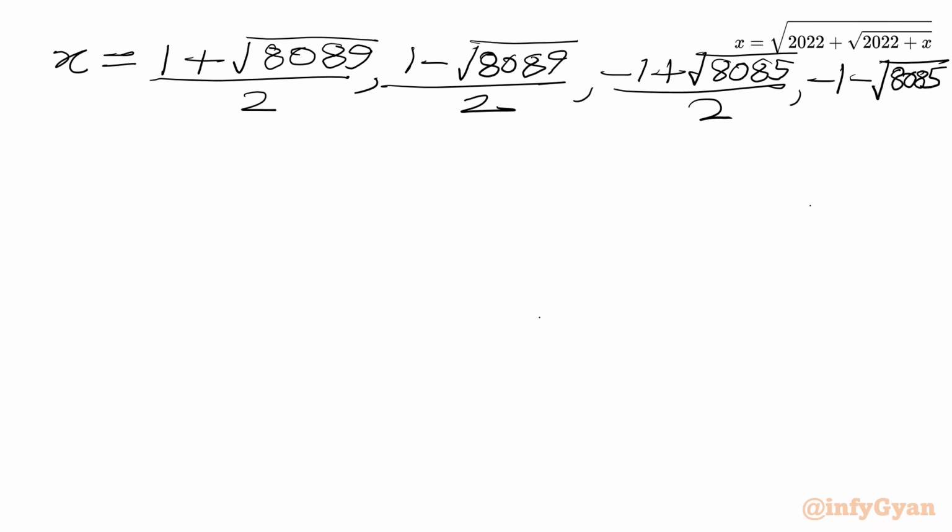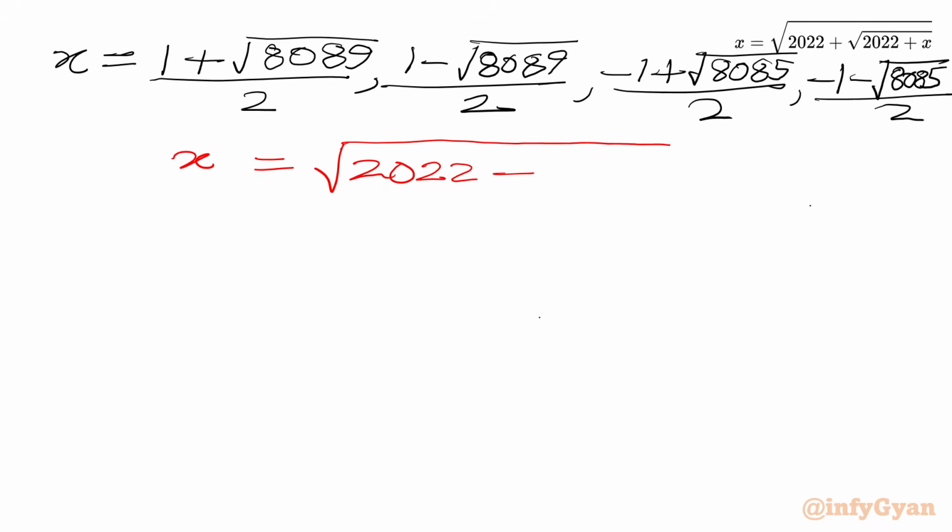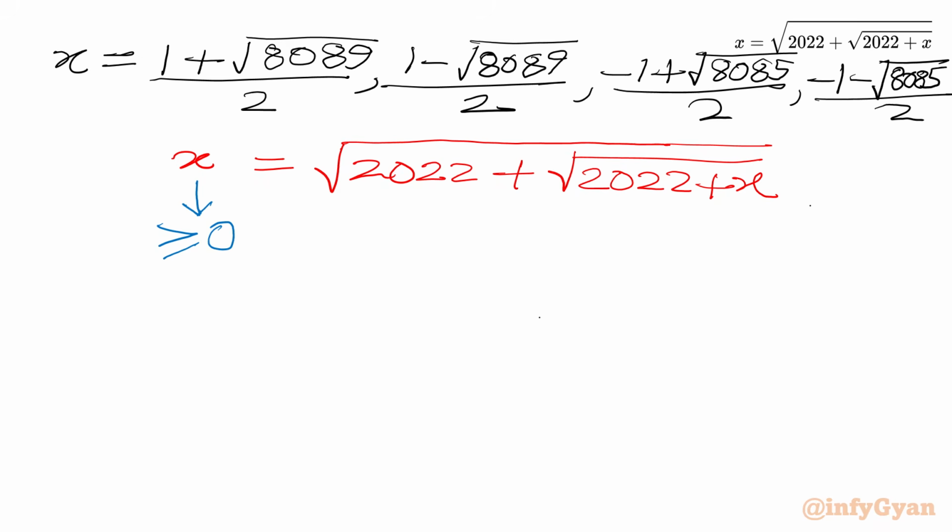Now we will talk about the domain of the equation. So let me write the equation x equal to square root of 2022 plus square root of 2022 plus x. We have a square root in the right hand side, which suggests the left hand side must be non-negative, greater than or equal to 0.